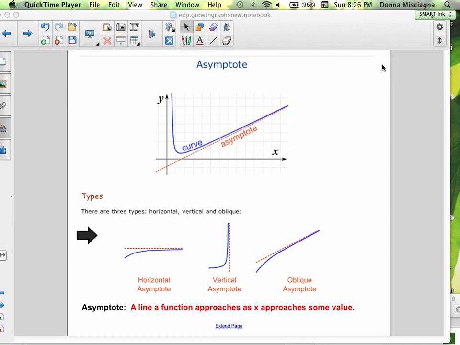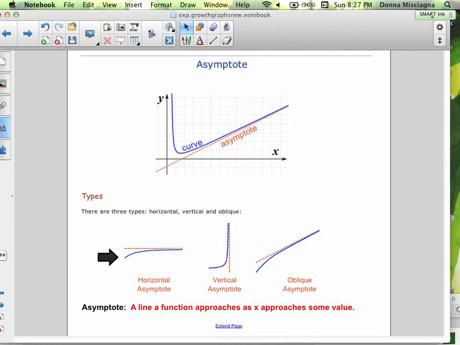But before we do that, you need to learn one vocabulary word, and that vocabulary word is asymptote. Right? So there are three kinds of asymptotes. There's a horizontal asymptote, right? So it's approaching a horizontal line.